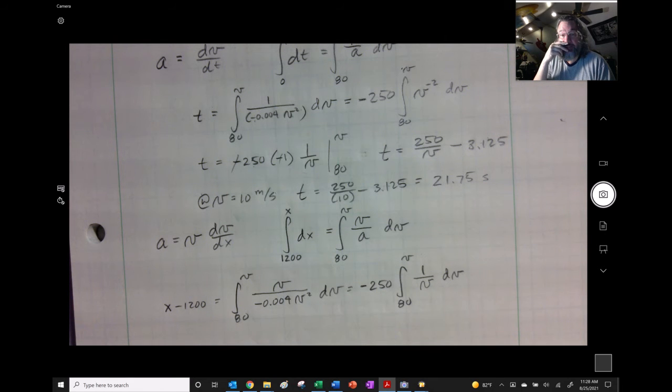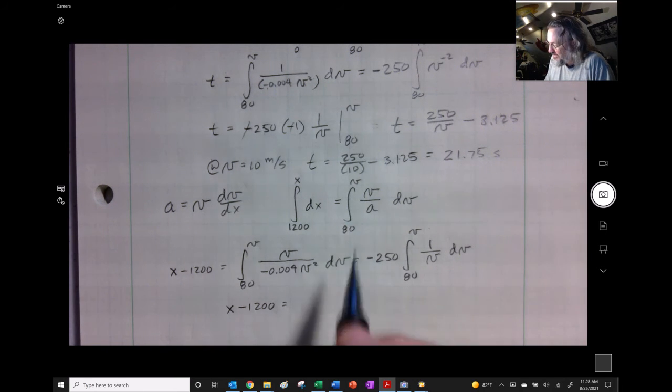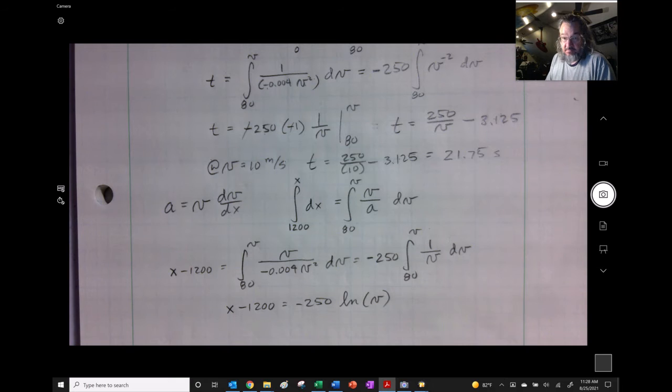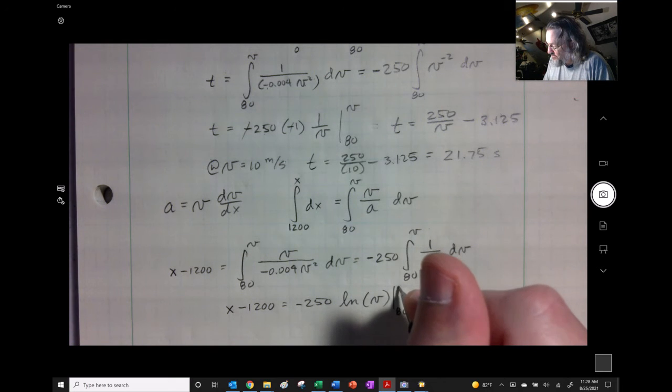When we have 1 over x, the integral of 1 over x is the natural log of x. It's an identity we should have memorized. It's common enough. So I'll keep writing this out over to the side. Now we'll say negative 250 times the natural log of v from 80 to v.